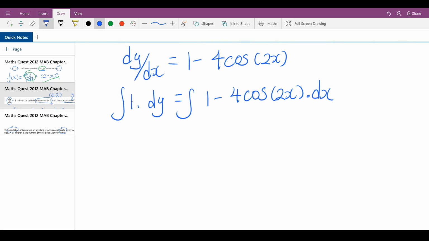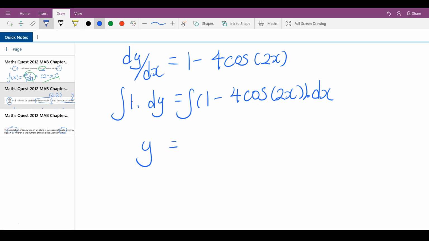So just like last time, this side is a constant. It becomes whatever that letter is over here. It just becomes y, which is what we want, right? So now here we got 1 minus 4 cosine bracket 2x. Now I want you to see this as a bracket in there, and this integration sign is going to be distributed within the bracket.